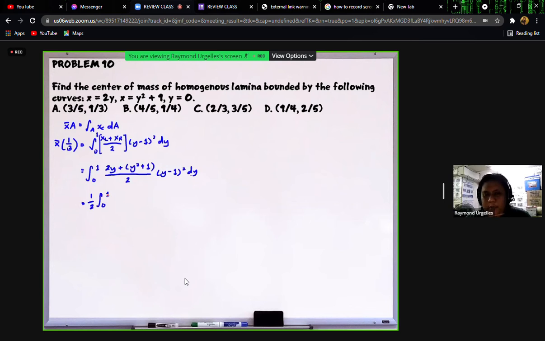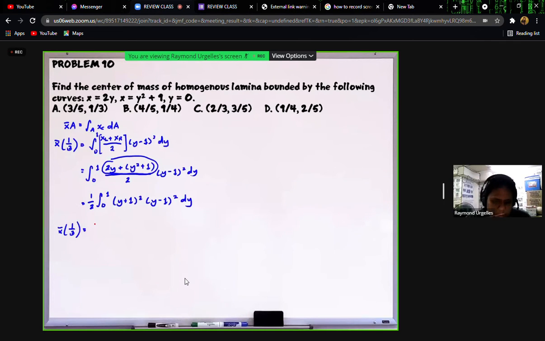Then this is equal to, we can factor out 1/2, the integral from 0 to 1. This quantity we can simplify as y plus 1 quantity squared, times y minus 1 quantity squared dy. Let's solve this one. We have 1/2 times the integral of y plus 1 squared times y minus 1 squared, from 0 to 1.